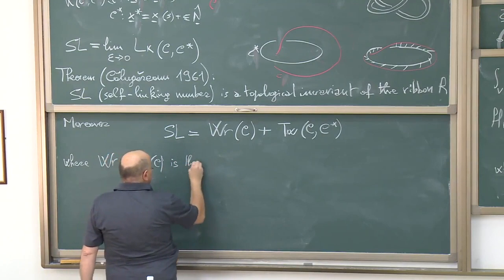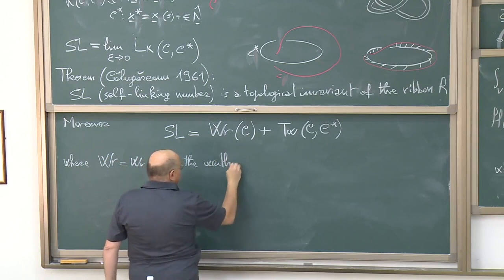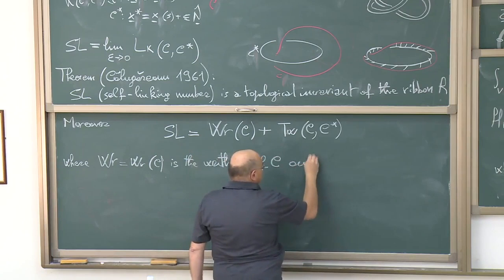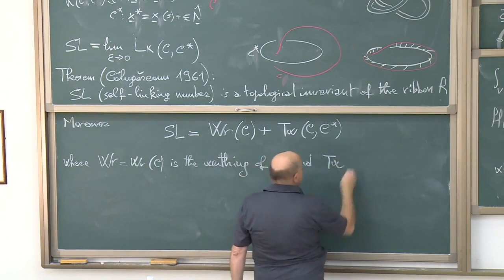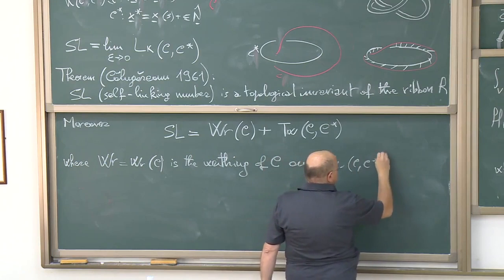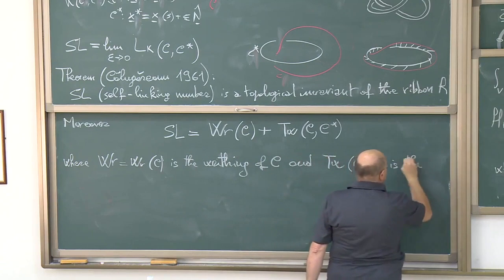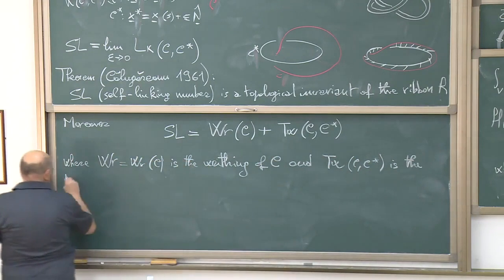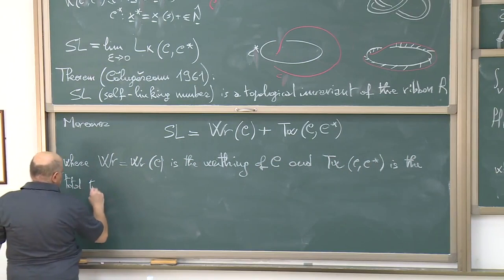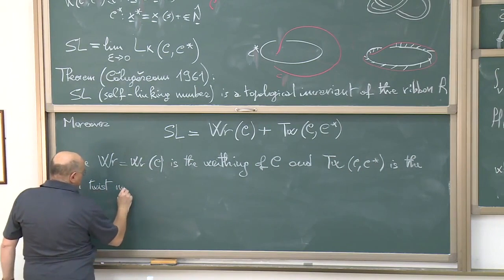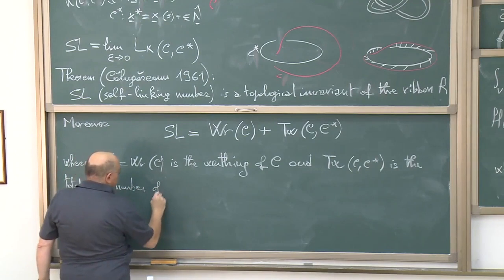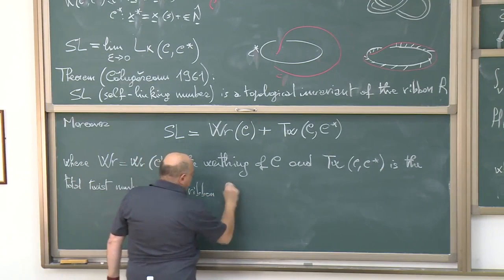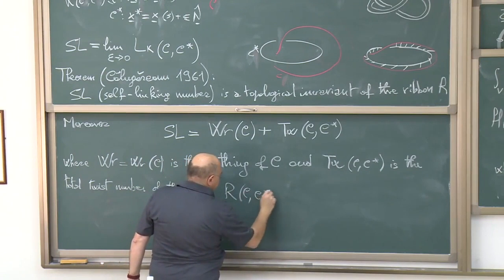Writhe is the writhing of C, and twist of C, C star is the total twist number of the ribbon R, C star.